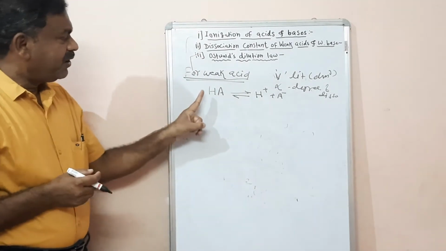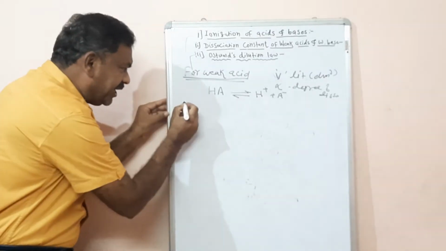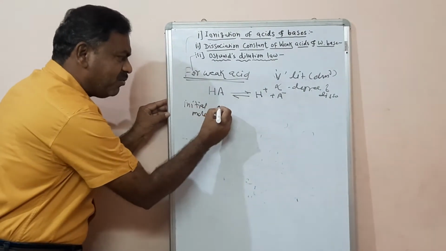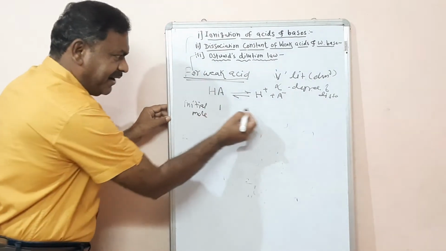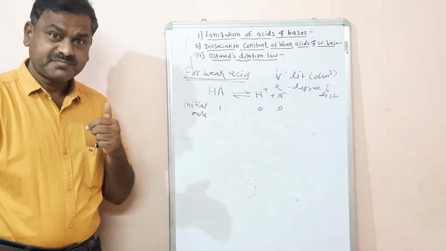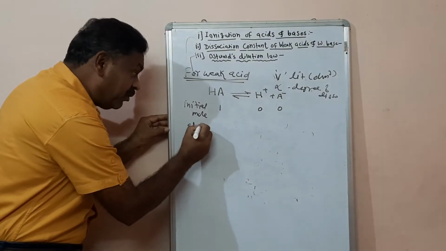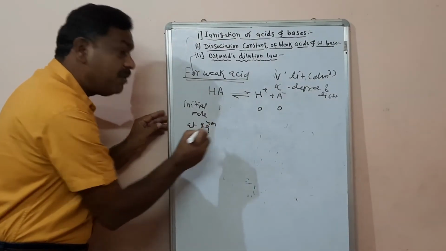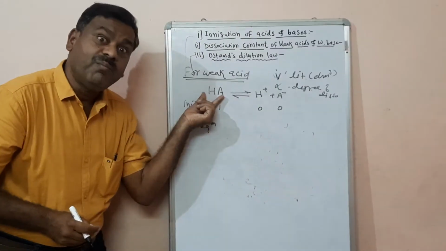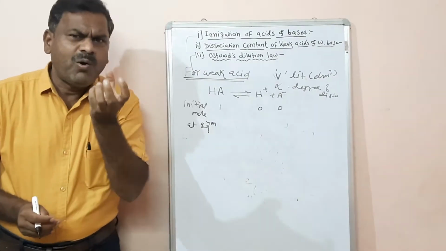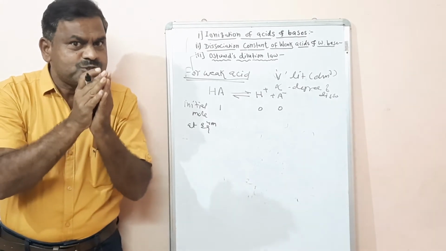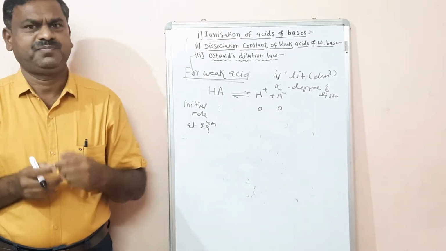Now HA is 1 mole, meaning the initial moles of HA is 1, and the dissociated products H plus and A minus are 0 initially. Then at equilibrium, out of this 1 mole, some small fraction of the substance will be dissociated.